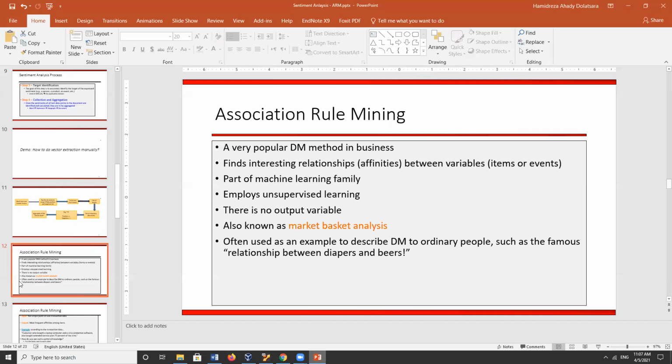What other association you might see in a large supermarket? Is there anyone who can provide an example? What other items you might see in Walmart that are very close to each other?